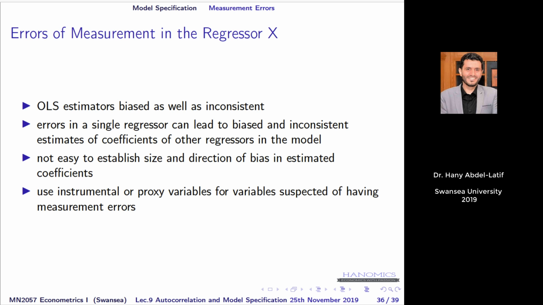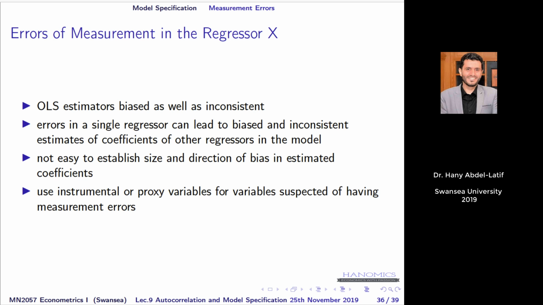Also, if you have an error with a single regressor, I don't mean all your x's, only one of your x's, it will actually lead to biased estimation of the other coefficients as well. So it will affect your estimation for other coefficients or other regressors.